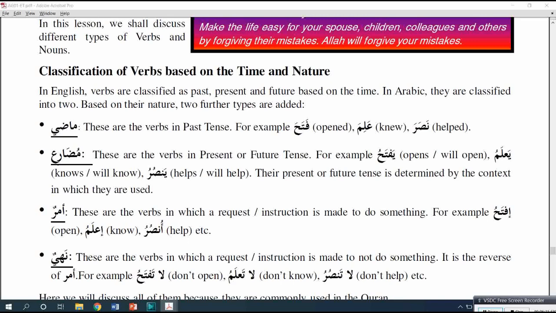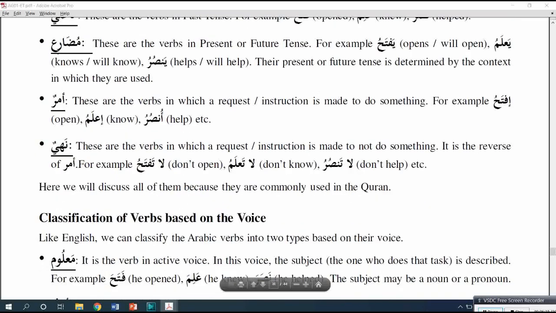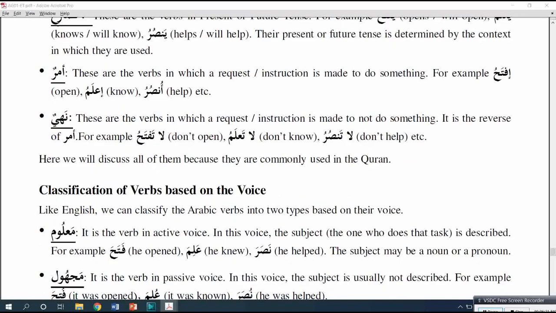La tansur, don't help. So negative words are also used. In the Quran, you will find a lot of examples of not doing. These are for unethical activities. But for ethical activities, they appear as instruction or suggestion for you to do.